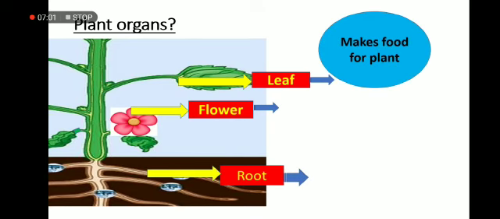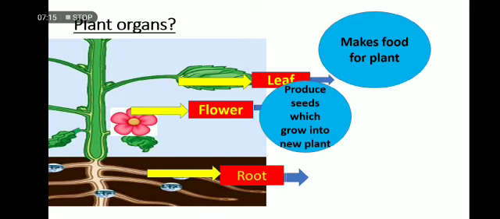The leaf is the green color portion of the plant which helps in the making of food. It helps in the manufacturing of food. That's why it is also known as the food factory of a plant. And you know by which process they make food? Yes, they make it by the process of photosynthesis. After the leaf, we have the flower, which is the most attractive organ.